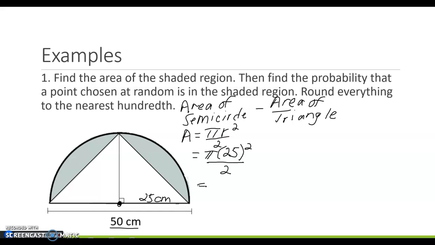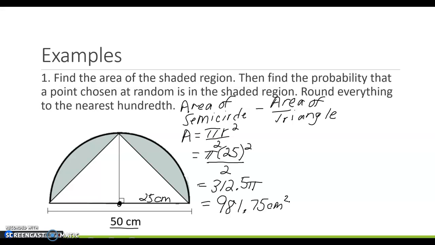So if I take 25 squared and divide that by 2, that gives me 312.5 pi, which is the same as approximately 981.75 square centimeters. So that's the area of the semicircle.